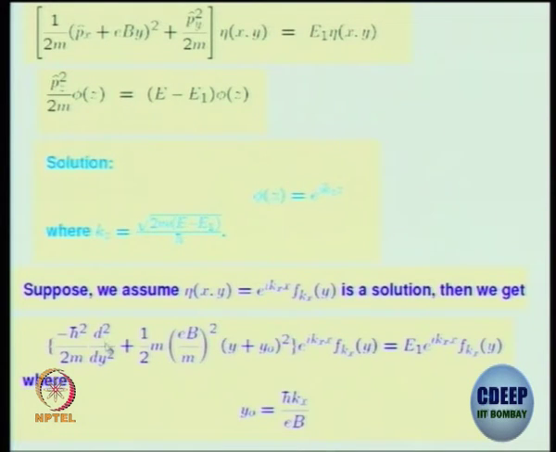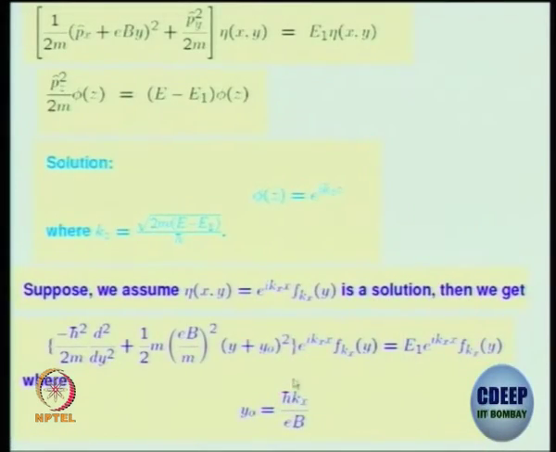So substitute this and check whether you get this. I've written it for some selfish reason in this fashion. Looks like a harmonic oscillator, a shifted harmonic oscillator. But the shift is dependent on the magnetic field and the kx, which is the x component wave function.